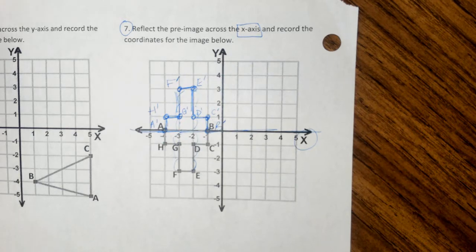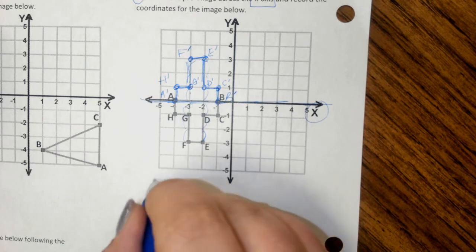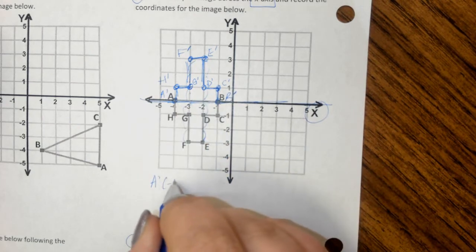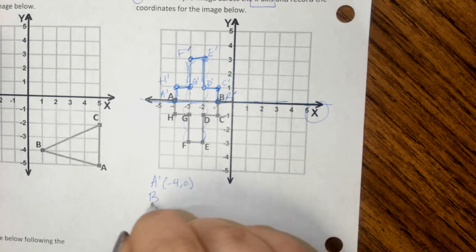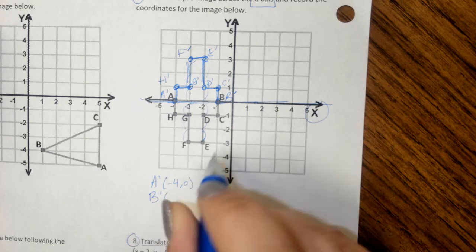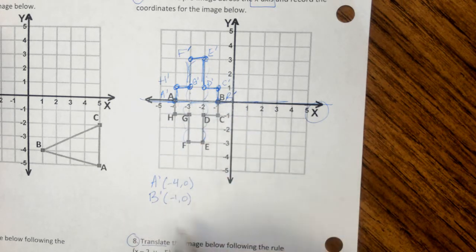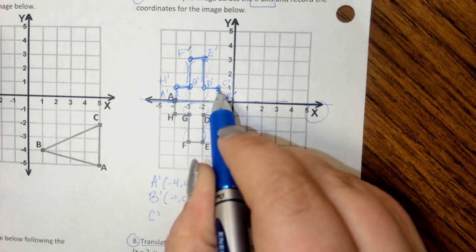Now this is asking me to write the coordinates for the image. So I need coordinates for A prime. A prime is located at -4, 0. I need to know what is B prime. B prime is -1, 0. C prime is -1, 1.